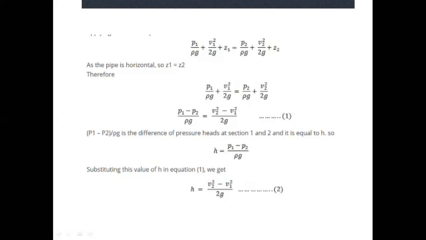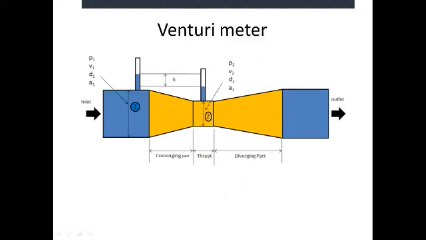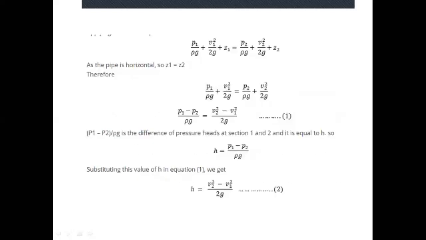So our height difference, which you can see here, this H is what we're talking about. That height difference will be equal to the pressure difference, that is P1 minus P2 divided by rho g. So the whole of this is equal to H, and therefore H is the height difference.